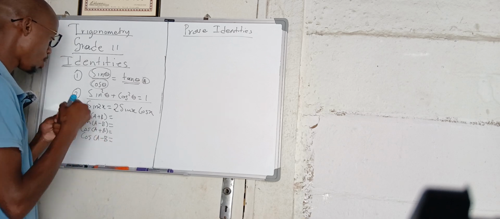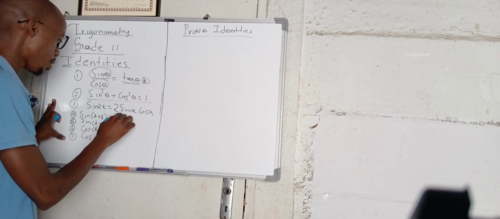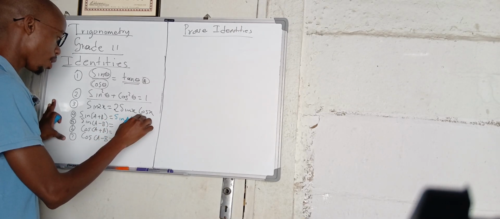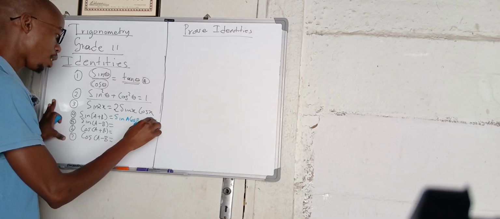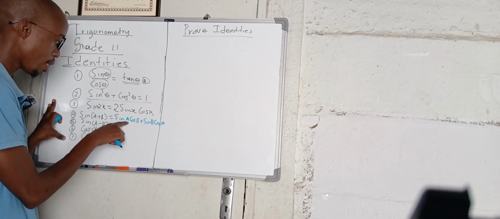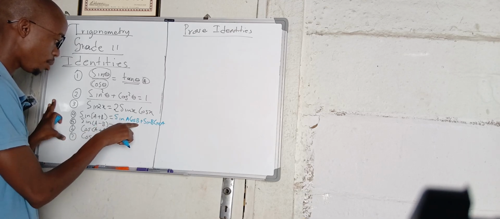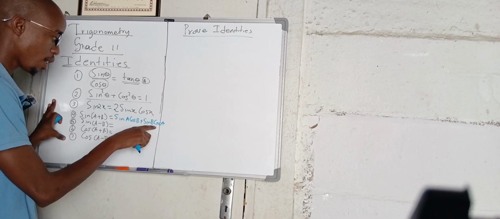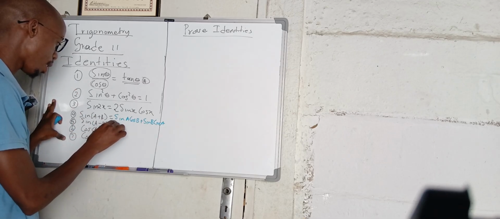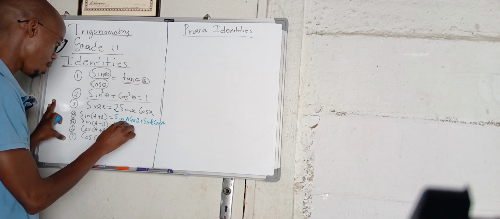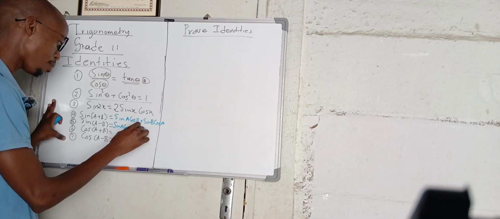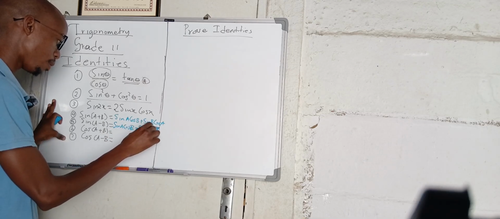Different color. So we will be having sine a cos b plus sine b cos a. What is it that you've realized? The sine had a on the first part and then cos had b. So when we change, sine will have b and then cos will have a. The same is true here. We'll be having sine a cos b. So there's a sign here which is minus, so we'll keep the minus and write sine b cos a.